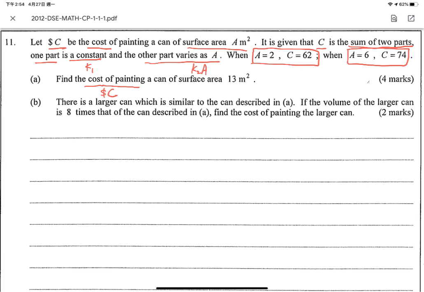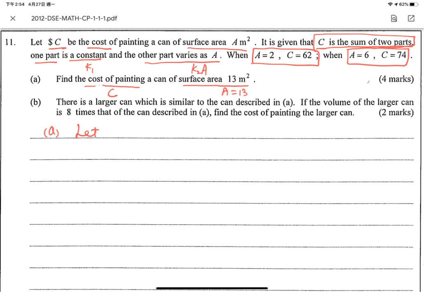and a can of surface area 13 meters squared means A equals 13. So A equals 13. You are going to find the value of C. Okay, let's see how to do it. For partial variation, we have the sum of two parts.